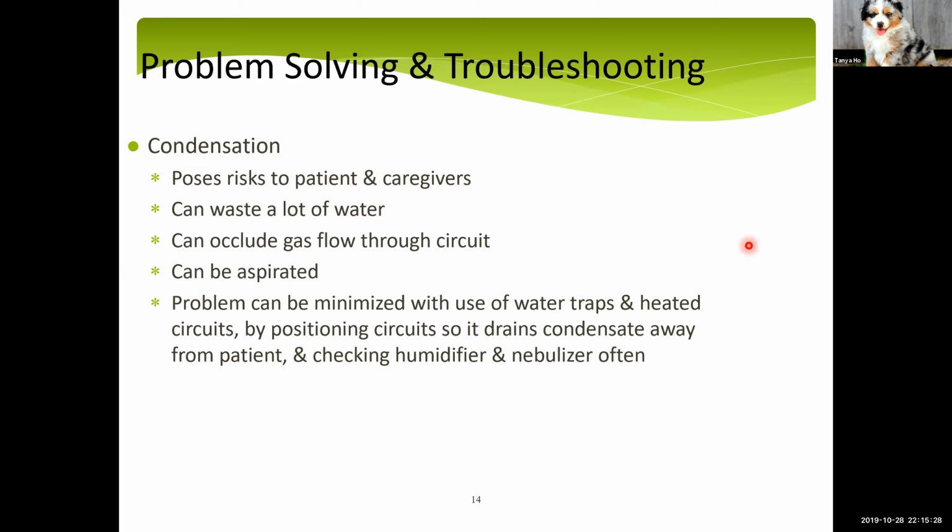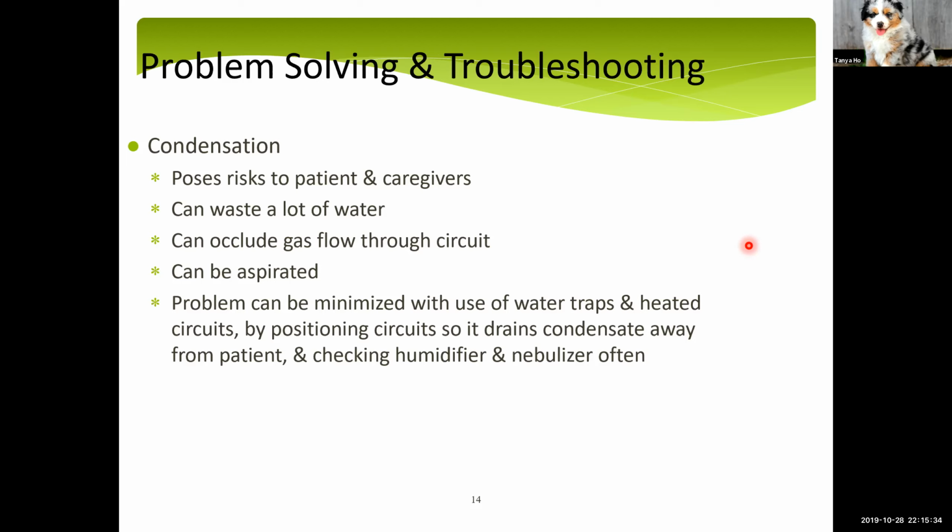The little water bag that you hook up with the large volume nebulizer, or a water trap with the other system that you're using, can collect that condensation. We like to have those water traps placed in a low position so that with gravity, if condensation, or rain out, is occurring, the water would drain towards the water trap and accumulate there, not in the tubing and not heading towards the patient.